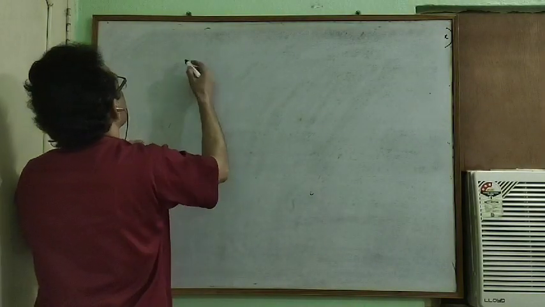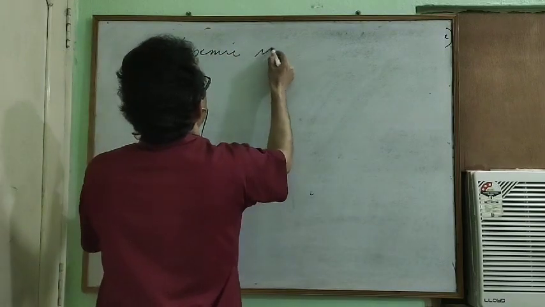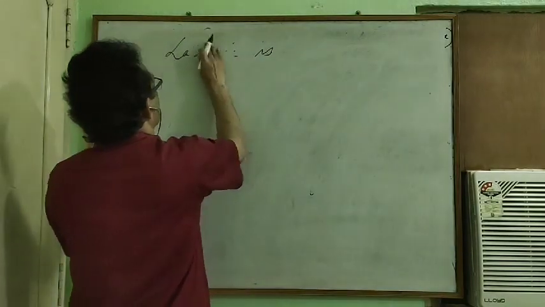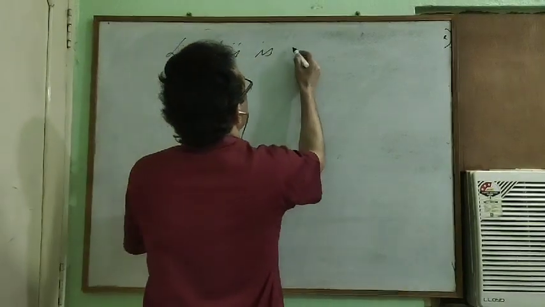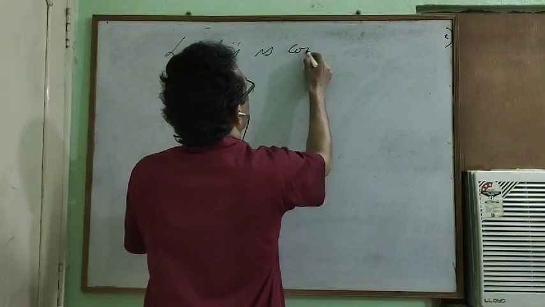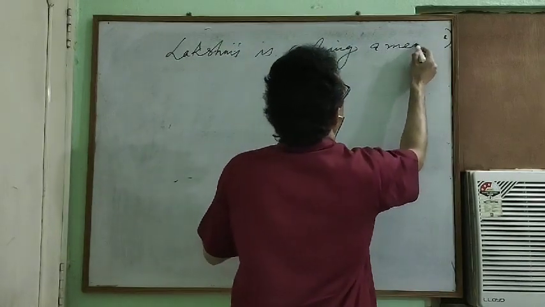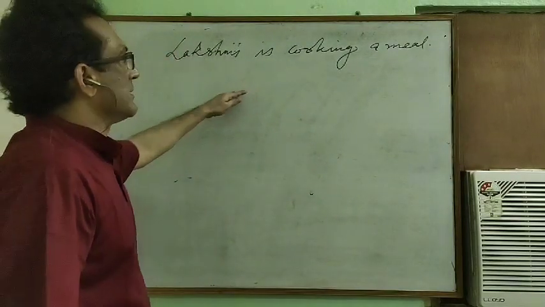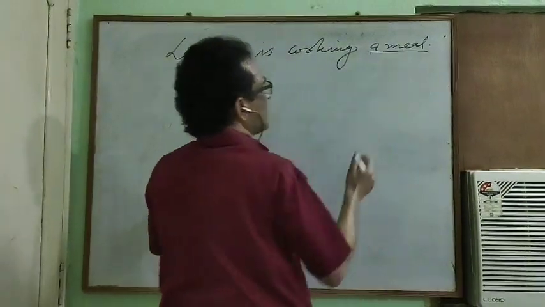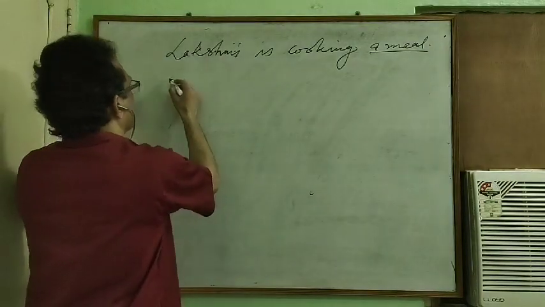So, Lakshmi is cooking a meal. Here a meal is the object, the receiver, so that will become the subject of the passive.